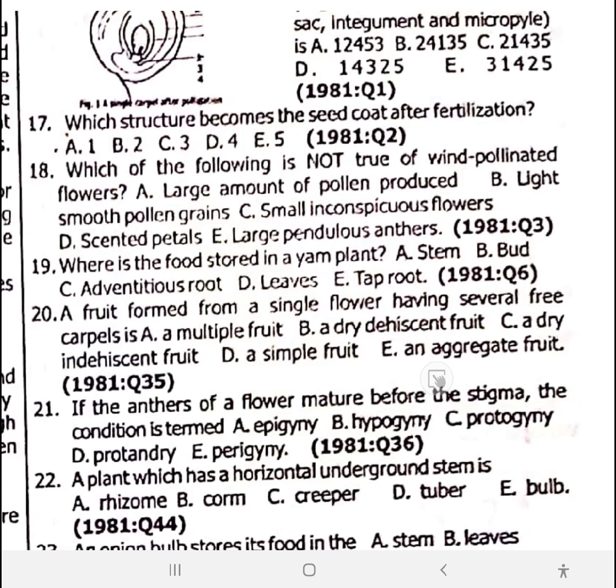Syncarpous is spelled SYNCARPOUS. Next, if it contains only one carpel, it is called monocarpous. Compound fruits are usually false fruits. Alright, we'll put a stop there and continue on this chapter in the next video.